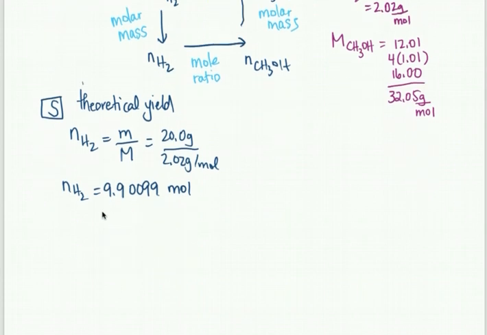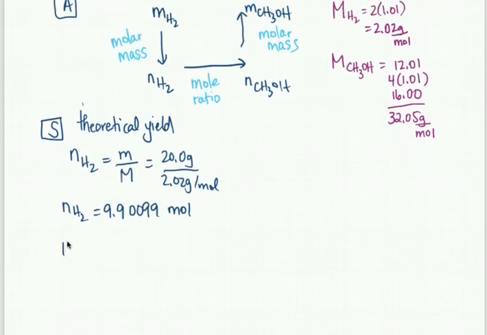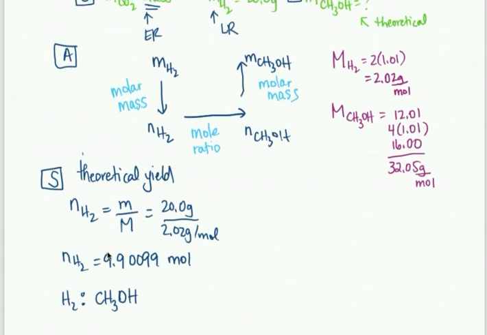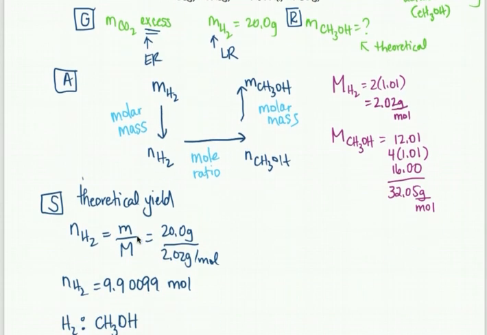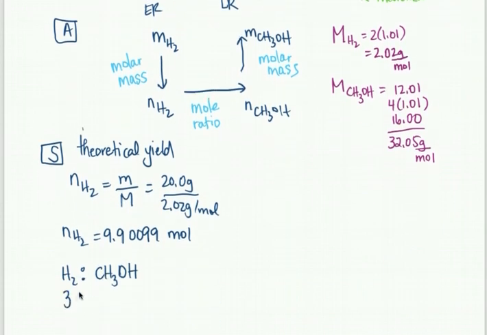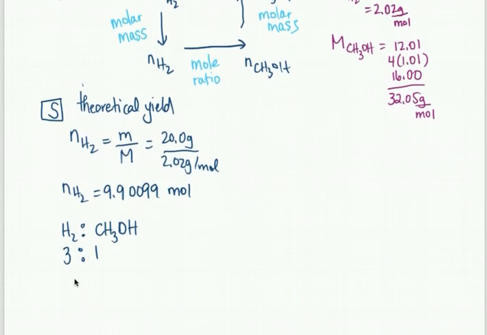All right, so that first part of the box is done. Now we need to do the mole ratio. So we're going to look at, okay, we know hydrogen, and we need to compare with the coefficients in the balanced chemical equation for methanol. So it's a 3:1 ratio. Okay, so since it's 3:1, to get to methanol, we got to divide by 3.